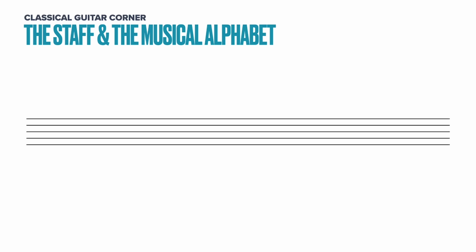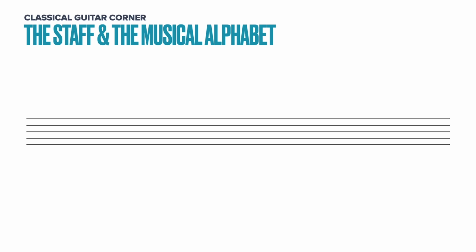A music staff, or stave as it's called in the UK, consists of horizontal lines and spaces that denote different pitches. For the classical guitar, we have 5 horizontal lines and 4 spaces within those lines. Note heads are placed either on a line or in a space.